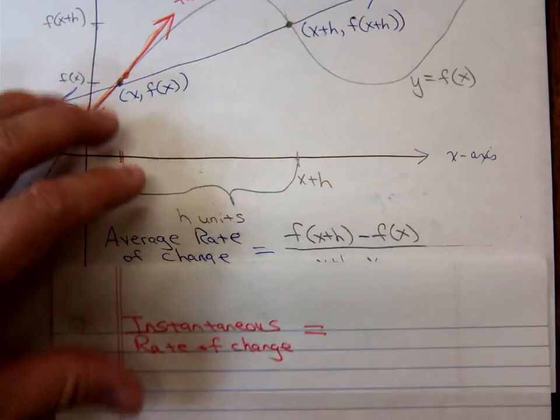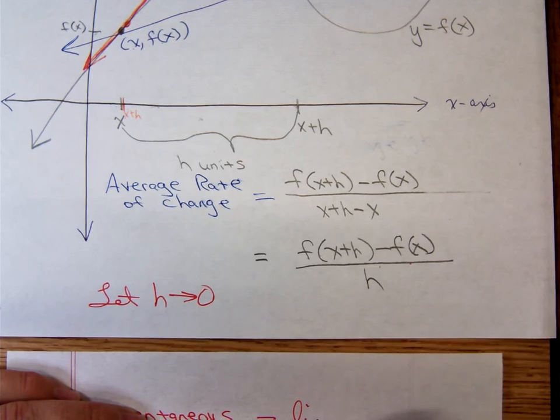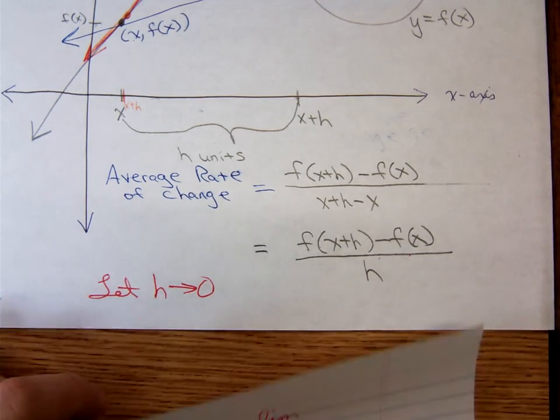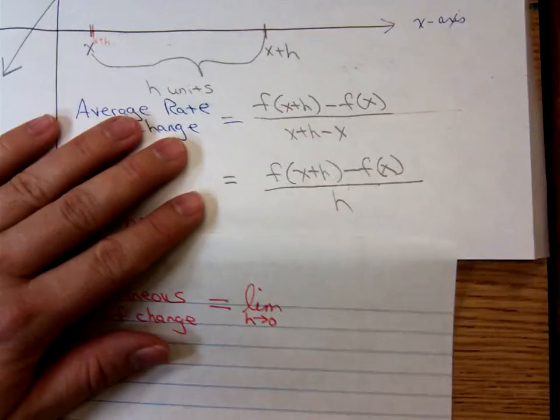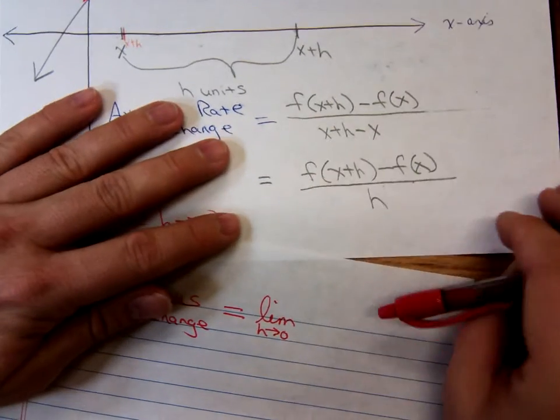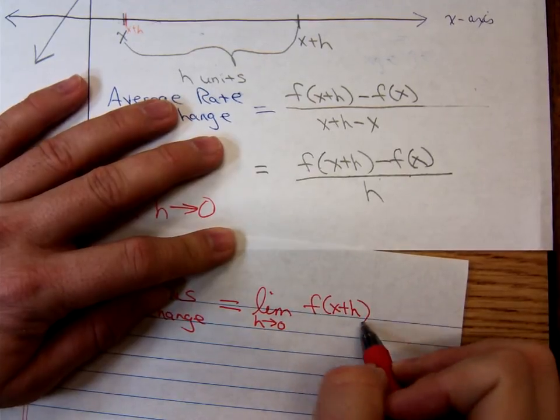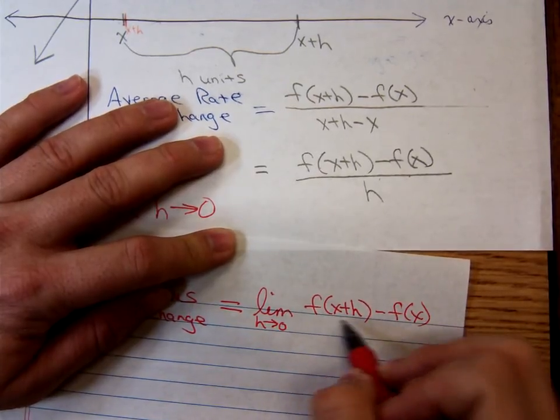So we're going to let h go to 0. That means we're looking at the limit as h goes to 0 of the average rate of change formula. That's f of x plus h minus f of x, all over h.